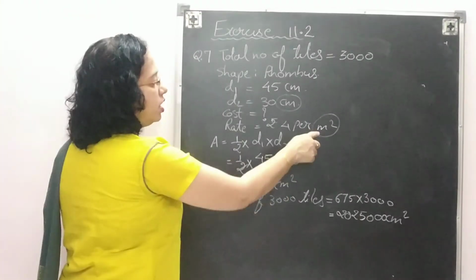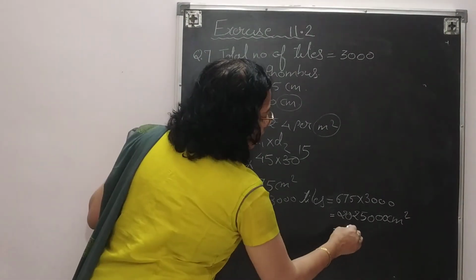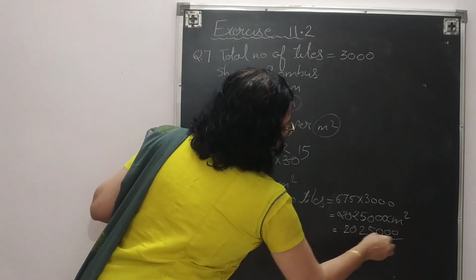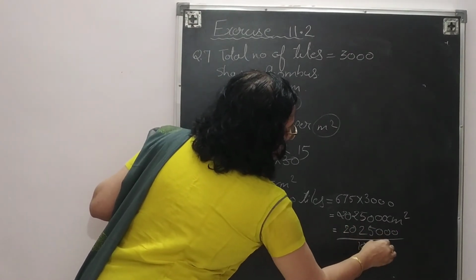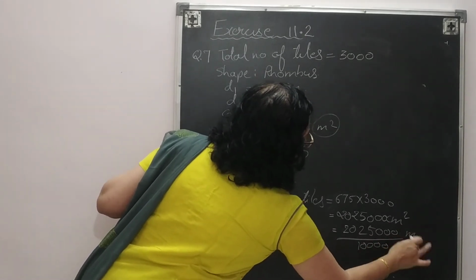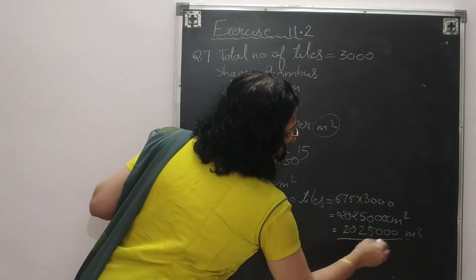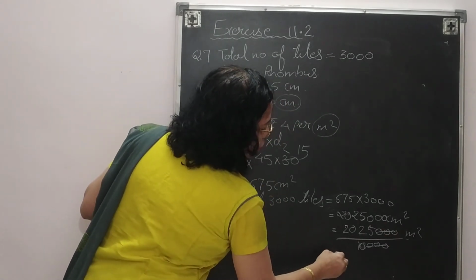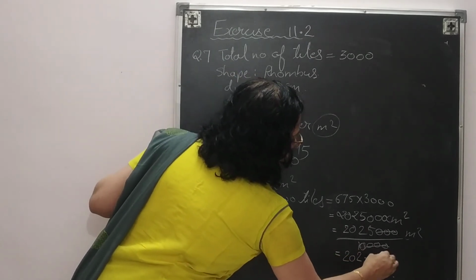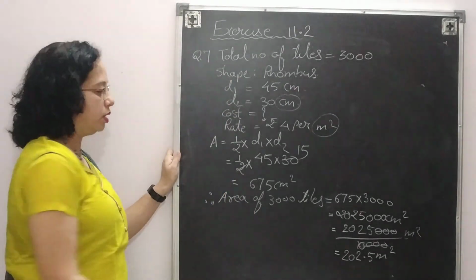Since the rate is given in meter square, you will convert into meter square. How to convert into meter square? We will divide by this and the area will be in meter square. Cut these 3 zeros and cut here 3 zeros and your answer will be 202.5 meter square. So we have converted area into meter square.